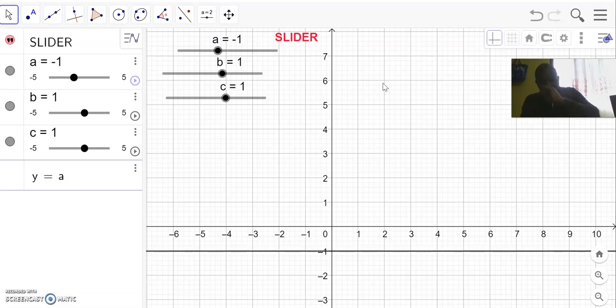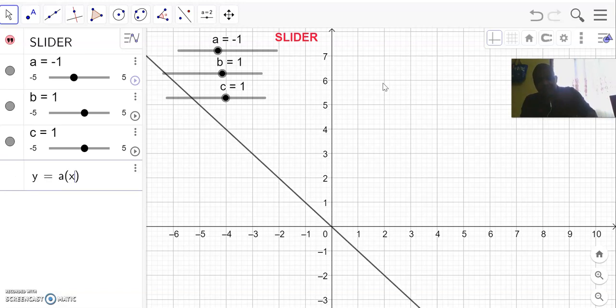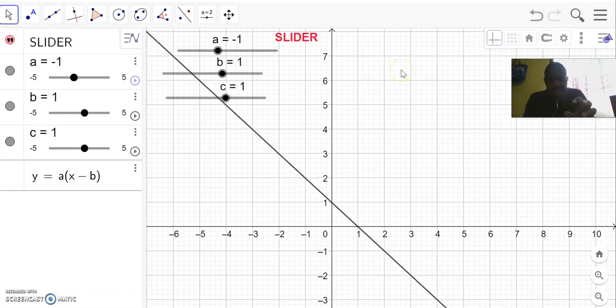A is the first constant. Then we have x minus b. So b is our second constant.